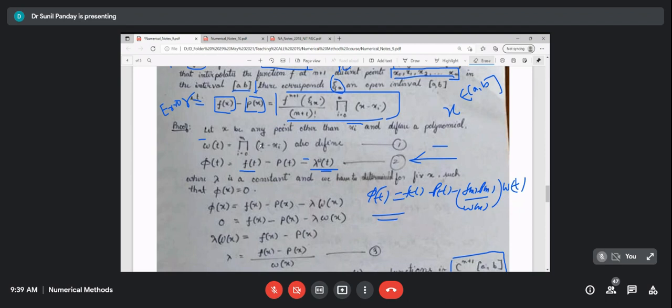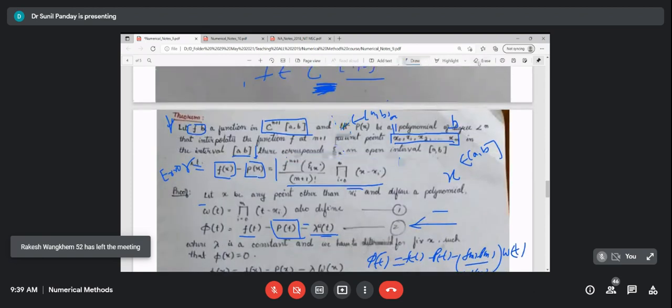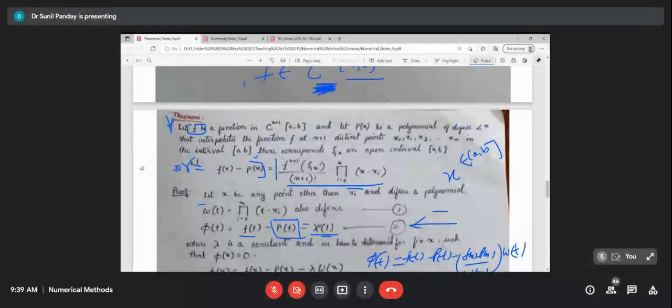Actually, p(t) we are talking about. If you remember the last theorem, or in general we have talked about this: if we have n plus 1 data points, we can fit a polynomial of degree less than or equal to n, like at most degree n.